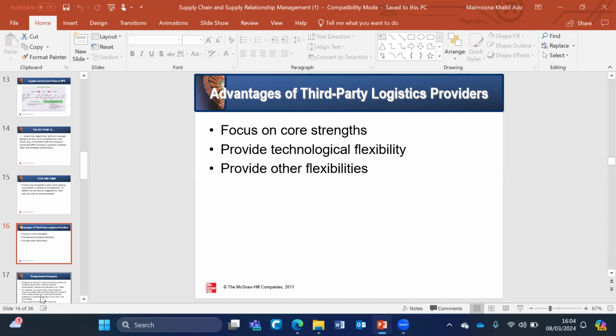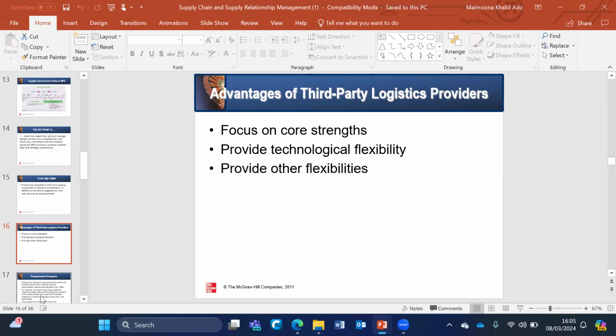Now, third party logistics is that you outsource these transportations to another company and they handle all these things. Now, this has a lot of advantages. It could help you focus on your core strength. That means this would aid you in focusing on stuff that you're already good at instead of worrying about an additional responsibility that's transportation.